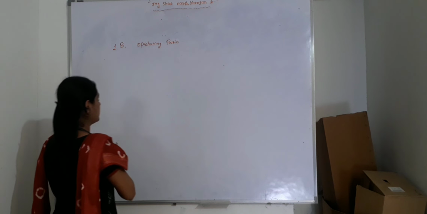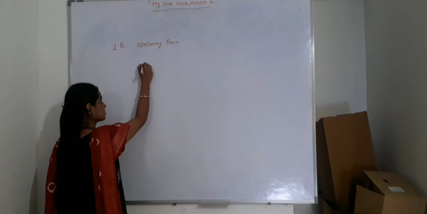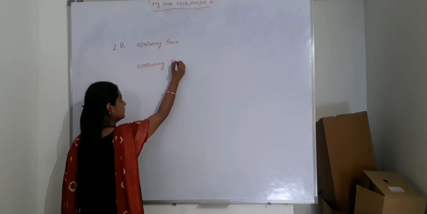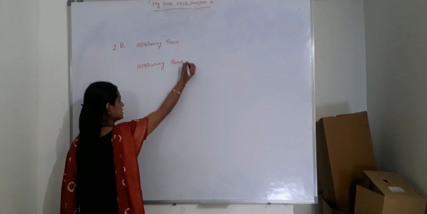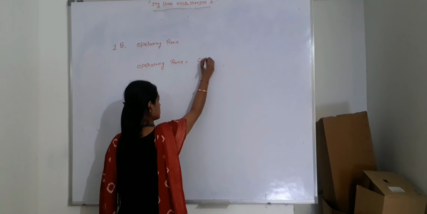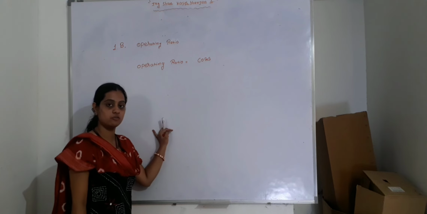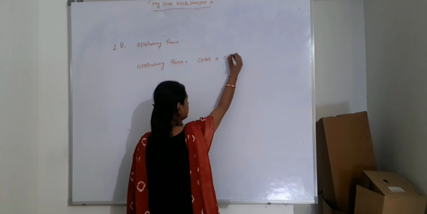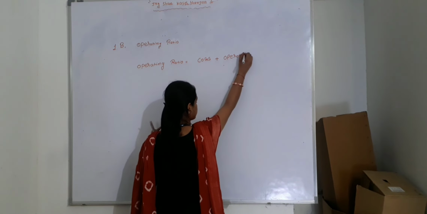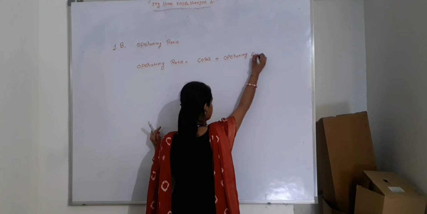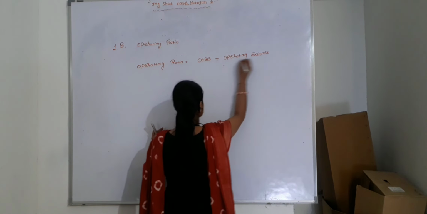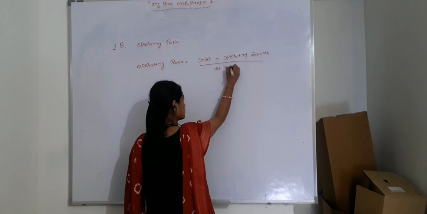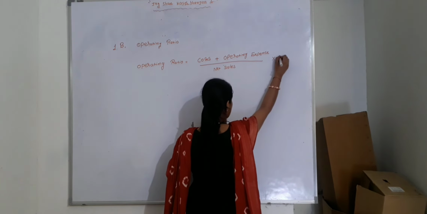So the formula to find operating ratio is: operating ratio is equal to COGS, means cost of goods sold, plus operating expense, upon net sales into 100.